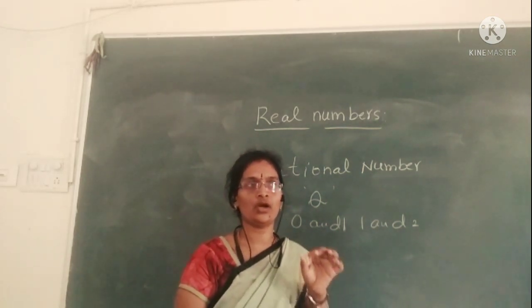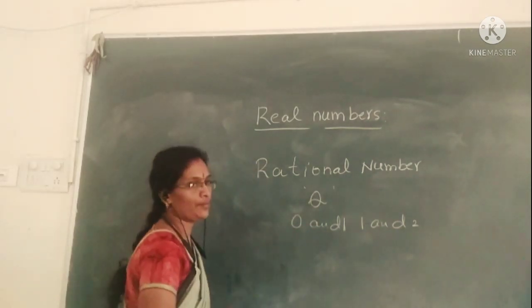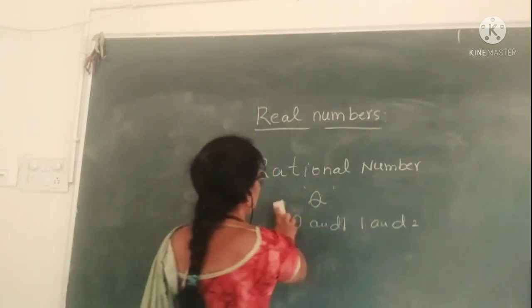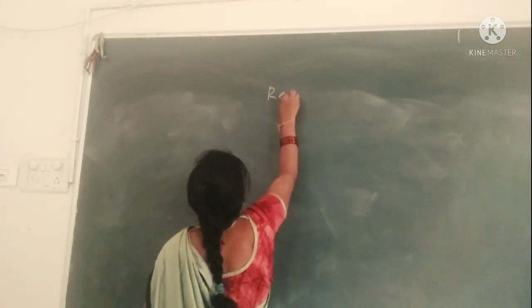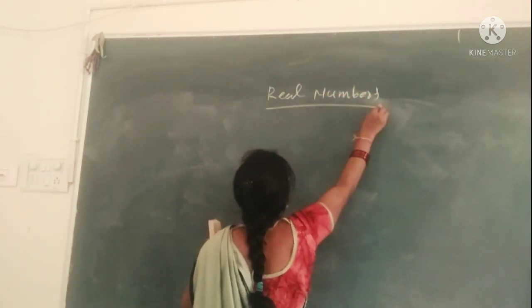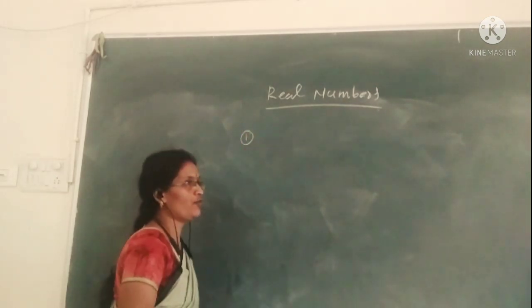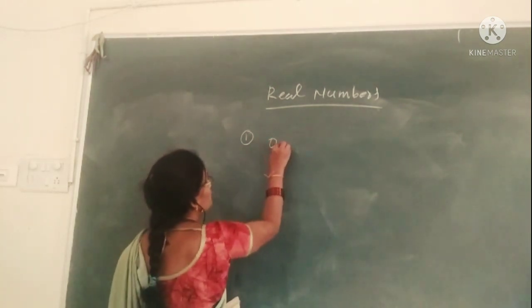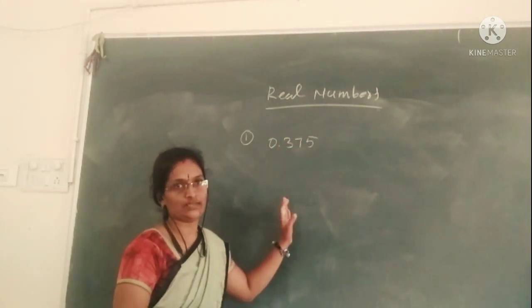First of all, let us take some examples. Take a decimal form and express it as a rational number. 0.375 is a decimal form.